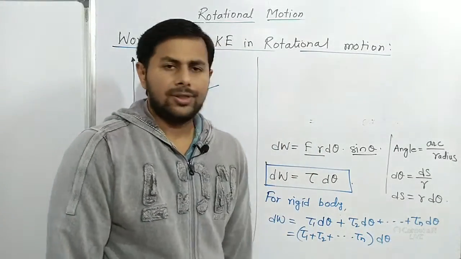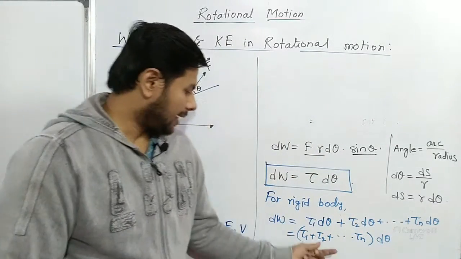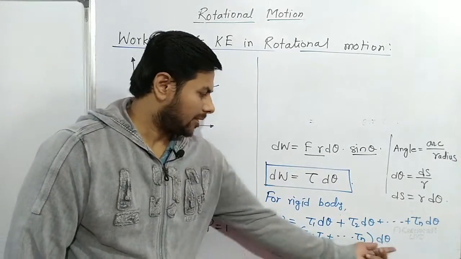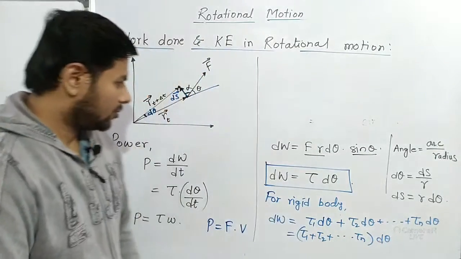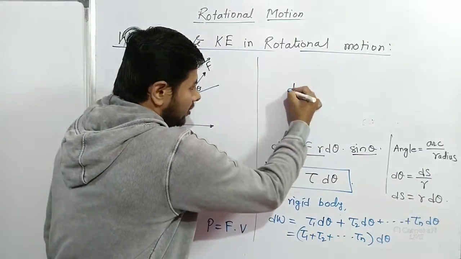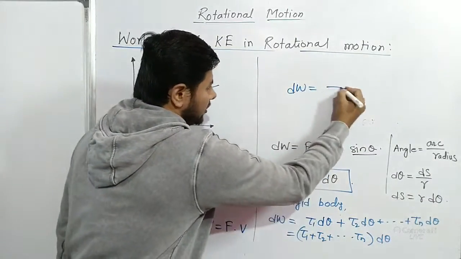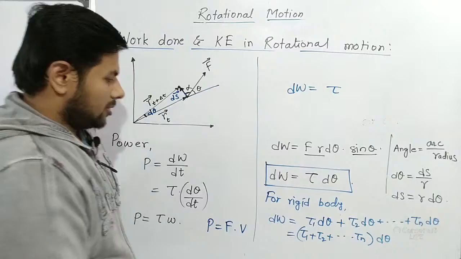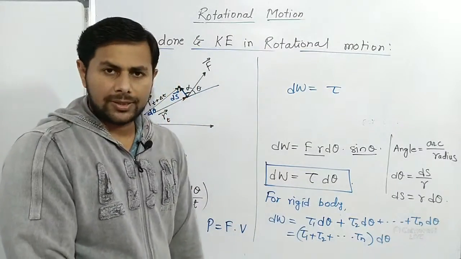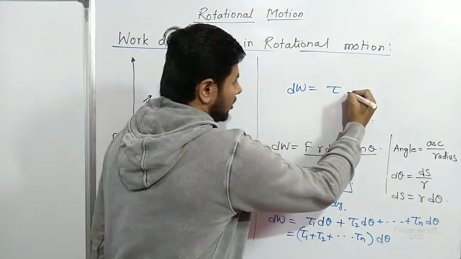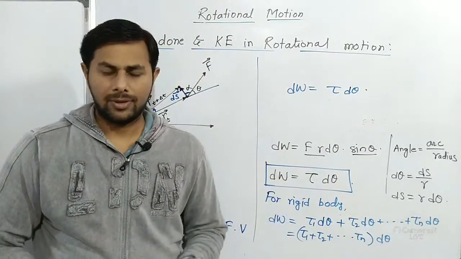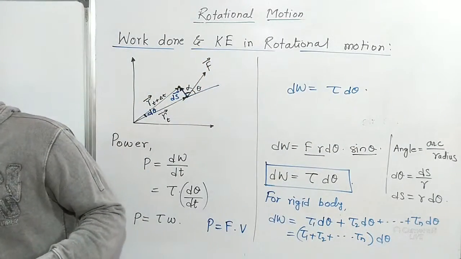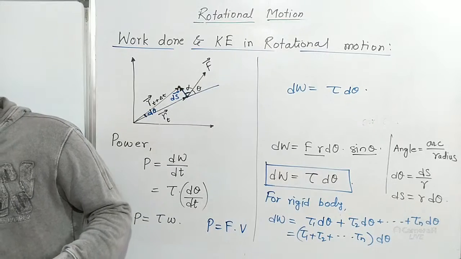So this is just the total external torque acting on the body multiplied by d theta. The work done on a rigid body is just the sum of work done on all particles of the rigid body, so it is just tau times d theta. So the formula remains the same. Is it clear?